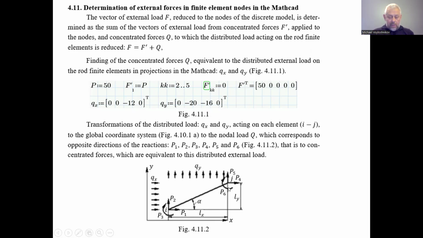And for these 6 components, we can find, under action of the distributed load, if this finite element is loaded by the vertical distributed load, positive here in this scheme, and the horizontal component positive, coinciding with the direction of the abscissa axis in the scheme.